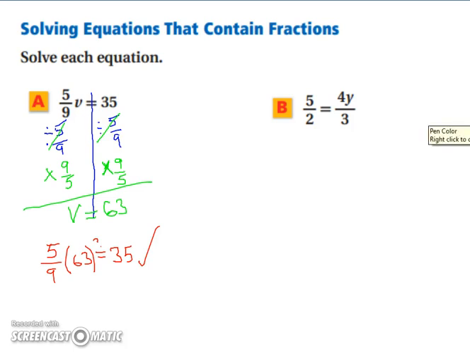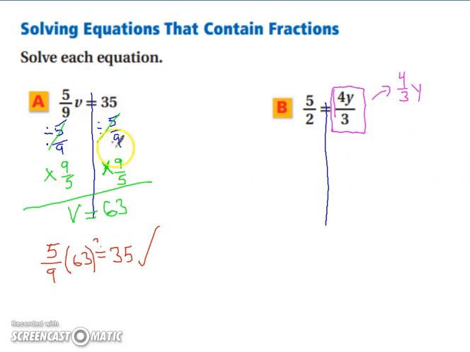Now that you've had a chance to try this next one on your own, let's try it together. We're going to separate our equation. This is the same thing as saying 4/3 y.